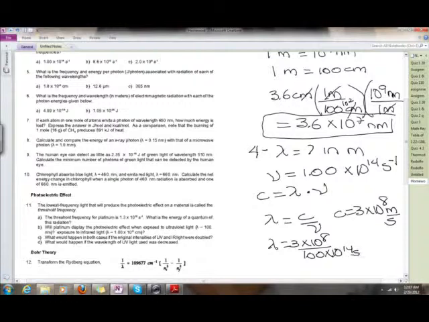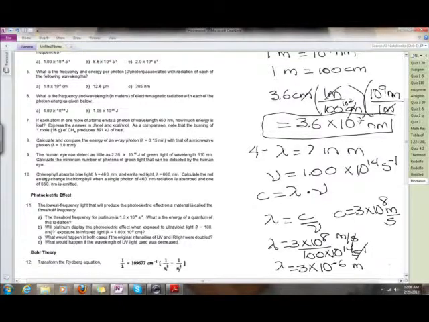This is seconds to the minus 1, and this is meters per second, so the seconds cancel out, and the wavelength would be given in meters. 3 by 10 to the 8 minus 14, which is 3 by 10 to the minus 6 meters.